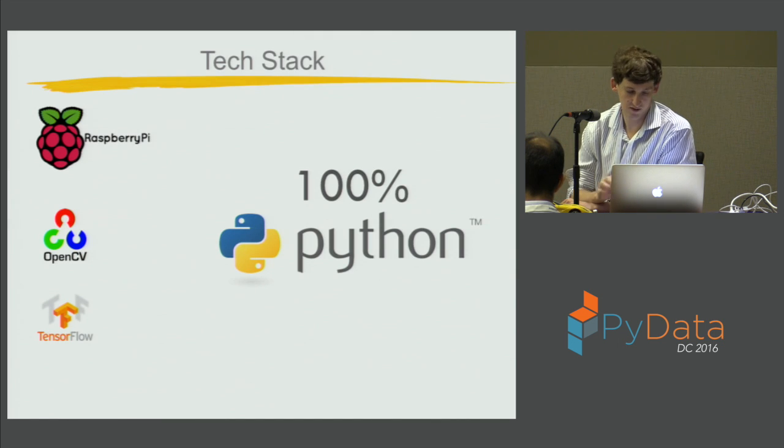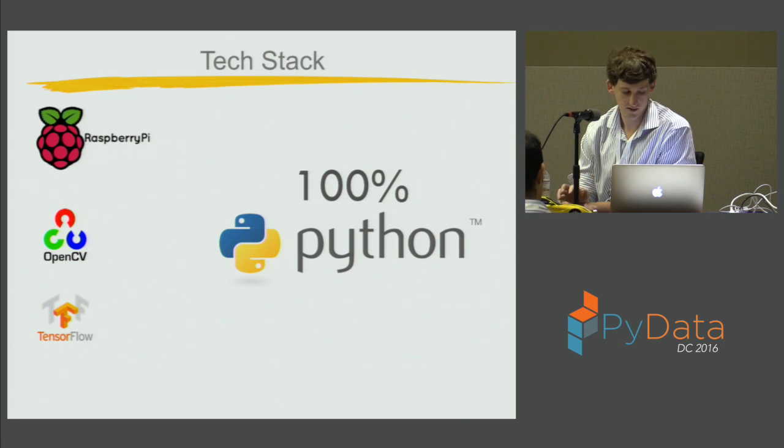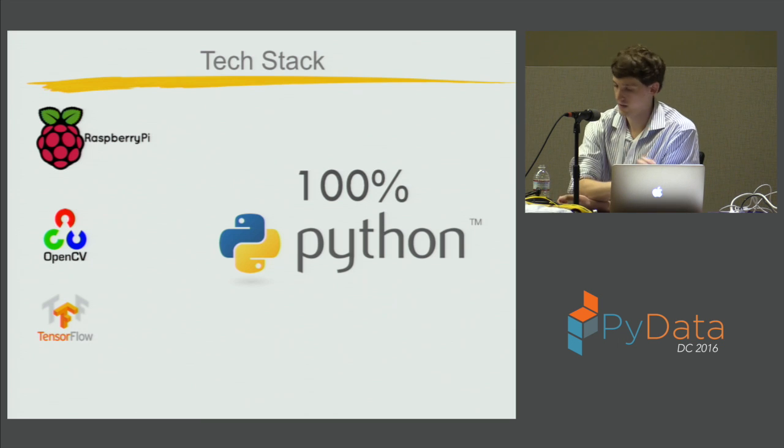But all you really need to know is that it's 100% Python. If you know Python, if you know a little bit of Linux, and if you know machine learning, TensorFlow is probably the most challenging piece here. If you're just starting, if you haven't done any machine learning, TensorFlow is very challenging. If you have some experience, it's probably the easiest of the neural network libraries out there, I think. But anyways, all of this is in Python, which is great.